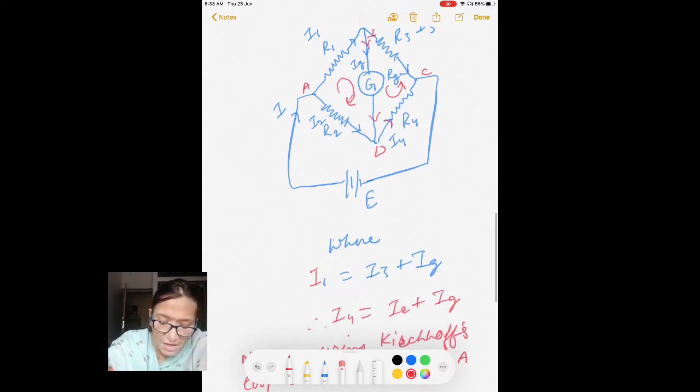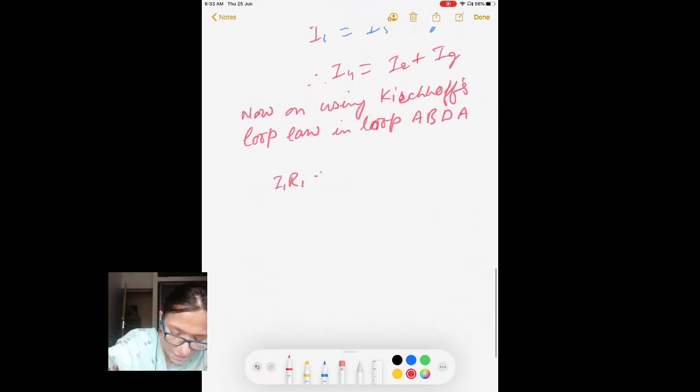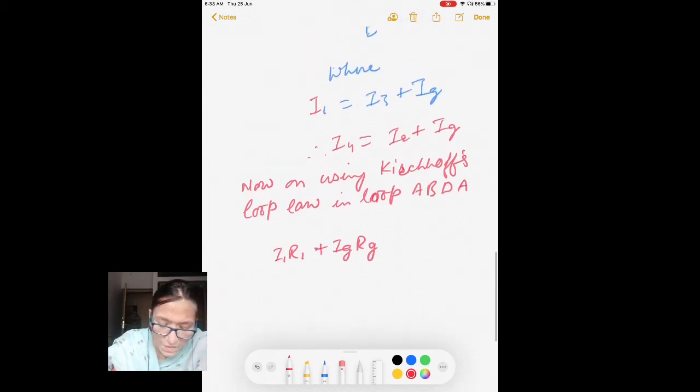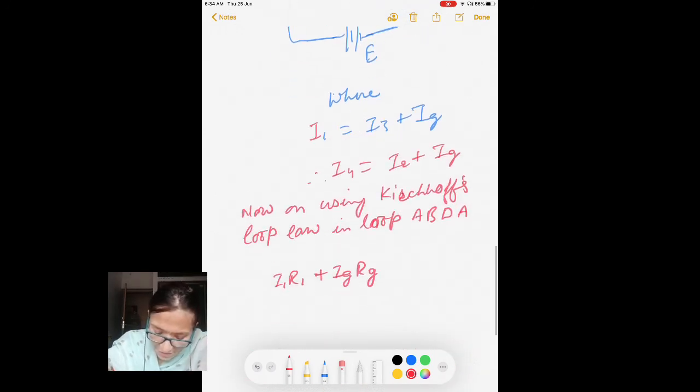So plus Ig Rg. But here the direction of current flow and the direction we have chosen are in opposite sense. So we should take minus I2 R2. And in a loop, the sum of all potential drops must be equal to 0. So here we get one equation.